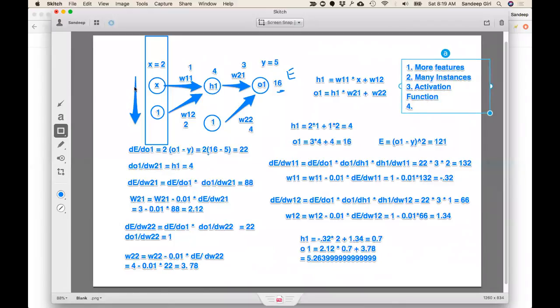If there are more features, then this equation will look like w11x1 plus w12x2 plus w3, so this equation will grow, right? More parameters will be there. More features means more of these, right? And if there are many instances, this h will be computed for each instance. There'll be h1, h2, h3, h4, and so on.